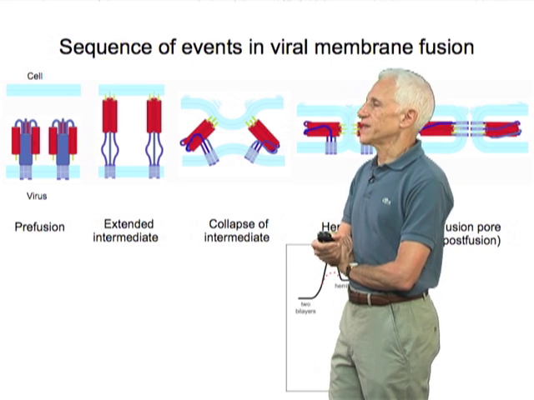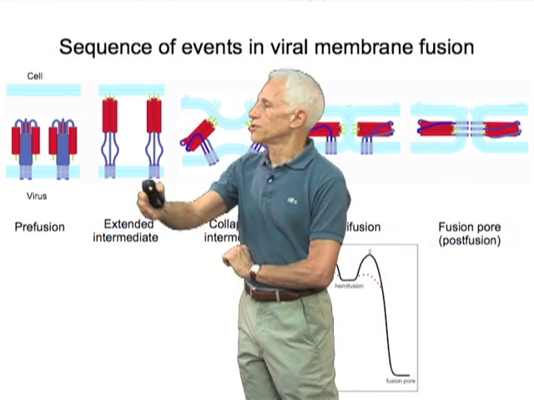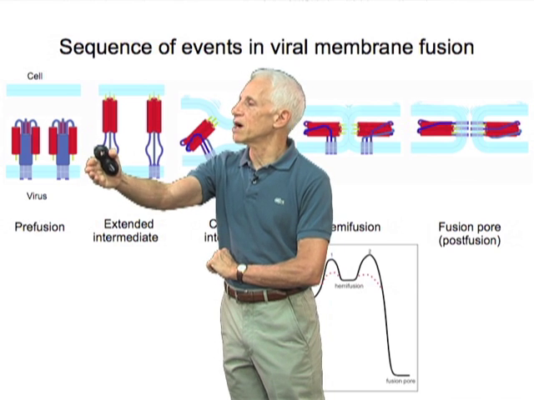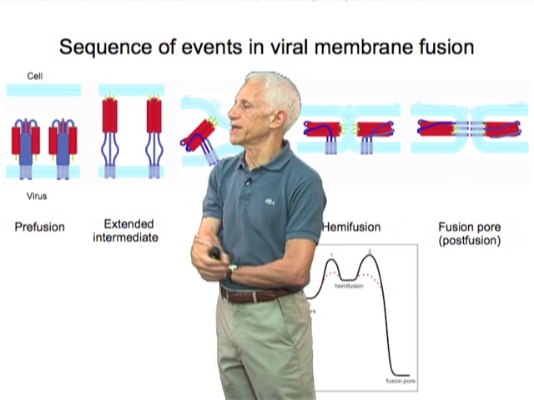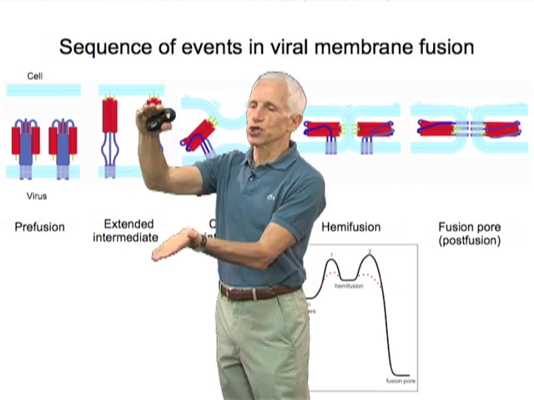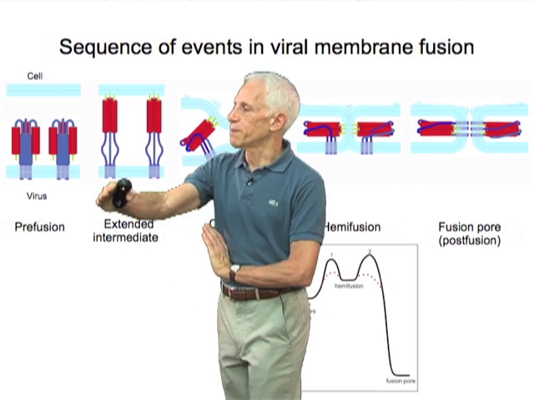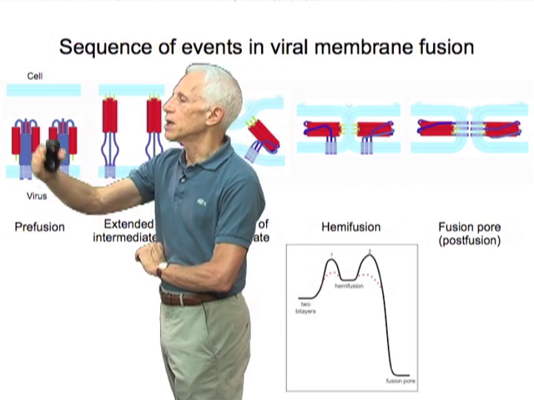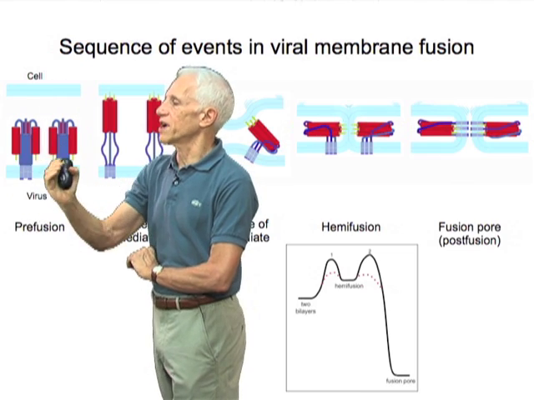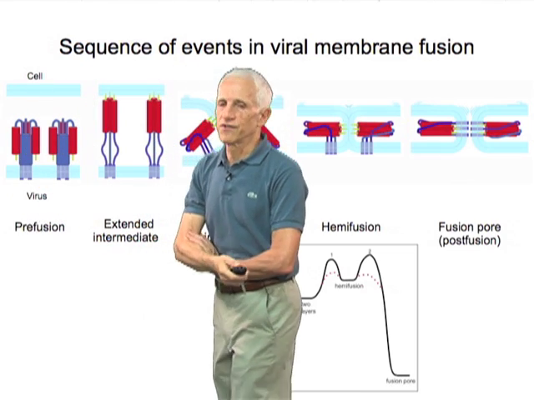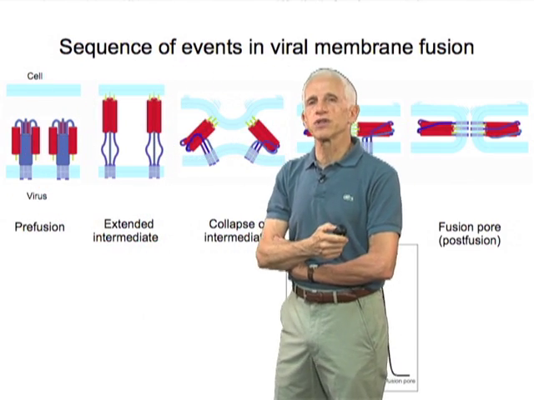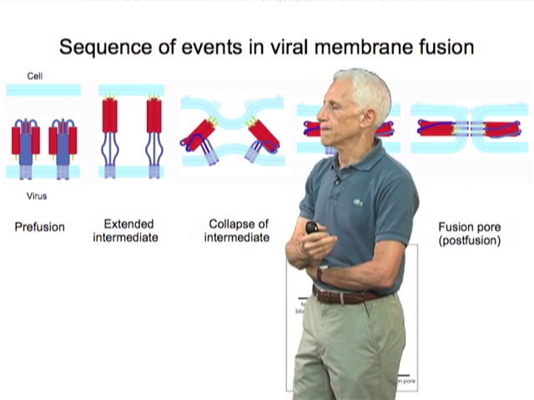And so before events begin, the fusion protein is in some conformation, and this is a purely schematic representation, and there are two bilayers: the bilayer of the membrane of the virus, and the bilayer of the membrane of the cell to which the virus is attached.